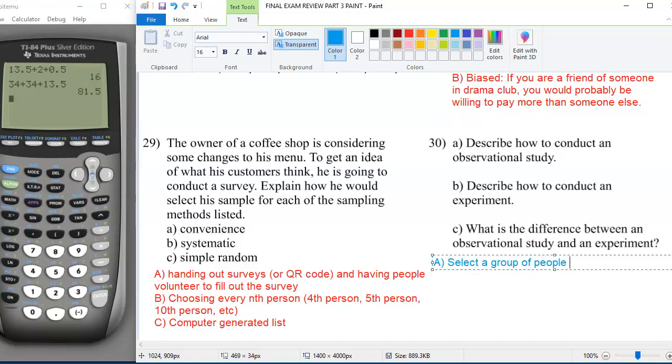And so you're going to select a group of people, and you are literally going to observe the effects of whatever is happening. So that's why it's observational. You're basically just saying, hey, I'm going to look at this group of people and I'm going to observe what's going on. I am going to observe their sleep habits. I am going to observe what's happening here.